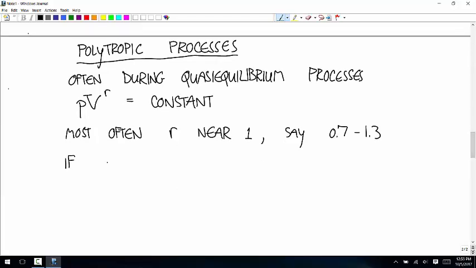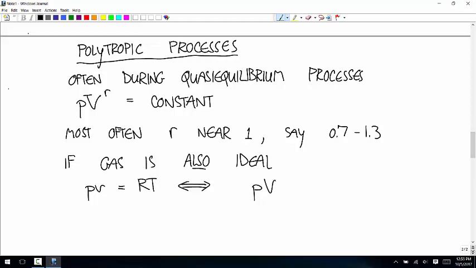And if the gas is also ideal, then the pressure times the specific volume is equal to RT. That's equivalent to thinking about it in another form, saying that the pressure times the true volume is equal to the number of moles times the molar universal gas constant times the temperature.